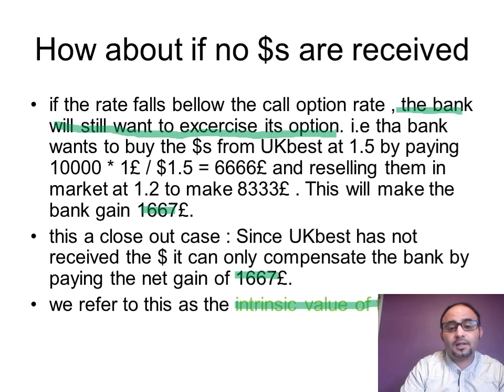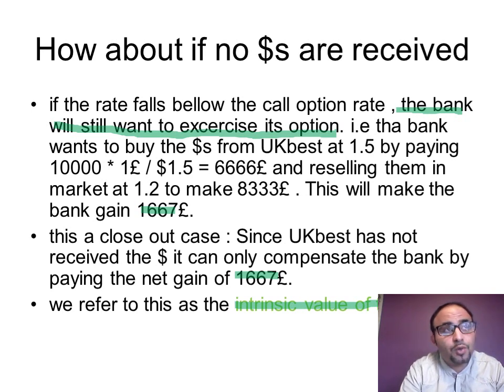And obviously the bank will resell those dollars that it will get from UK Best at 1.2 in the market to make 8,333, and of course making a gain of 1,667. So the bank in this case doesn't care whether you receive the money or not. That's your own issue, the own issue of UK Best.